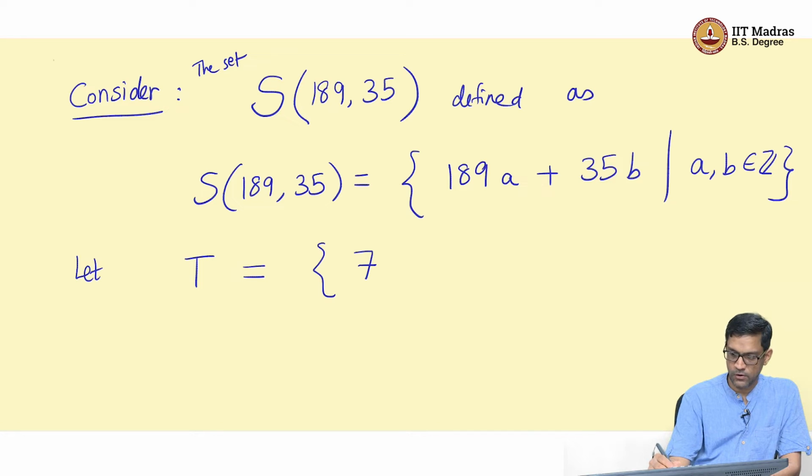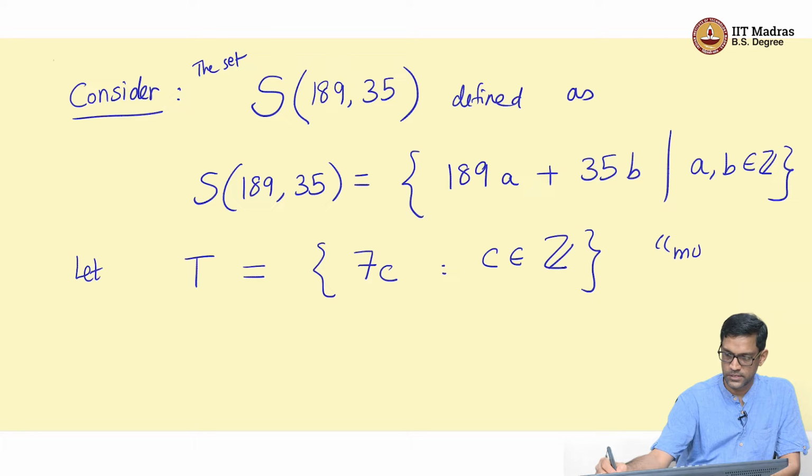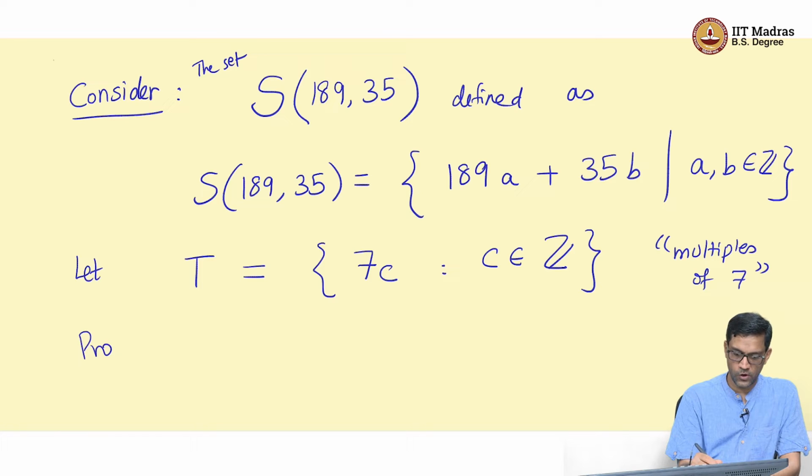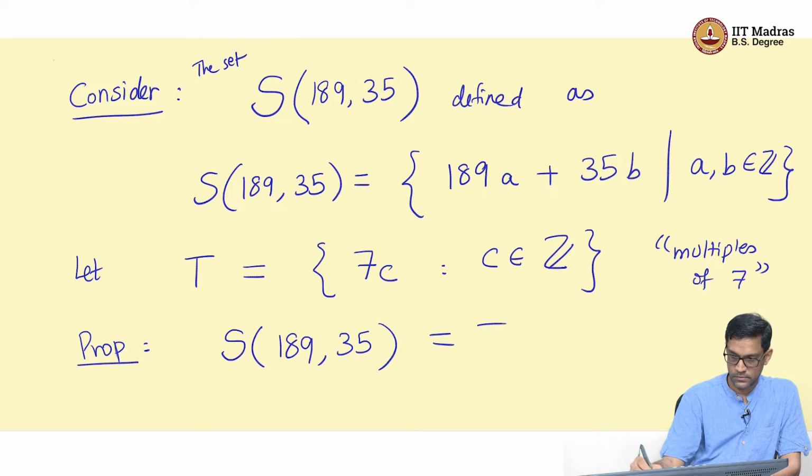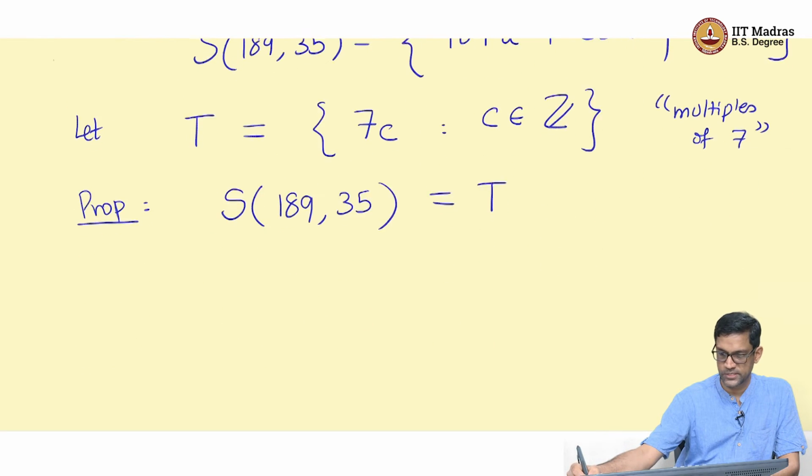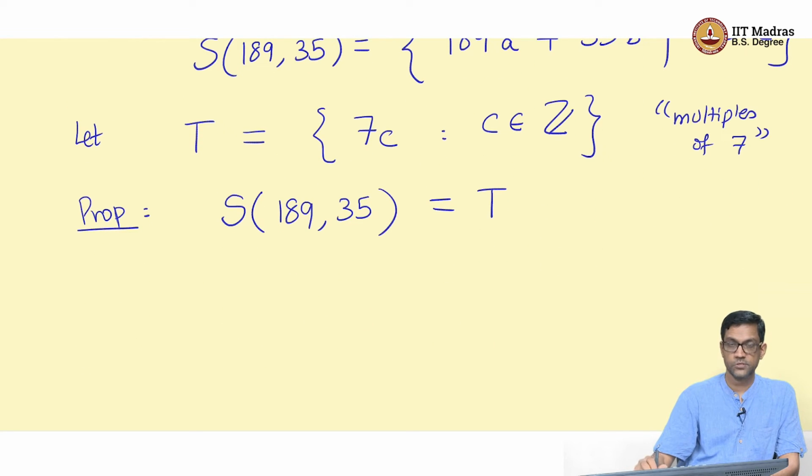So, I claim if you take all multiples 7 times C, as C varies over all integers, this is all multiples of 7, then these two sets are the same. Here is a rewording of what we talked about earlier: if we take 189 and 35, this set turns out to be the same as the set of all multiples of 7.